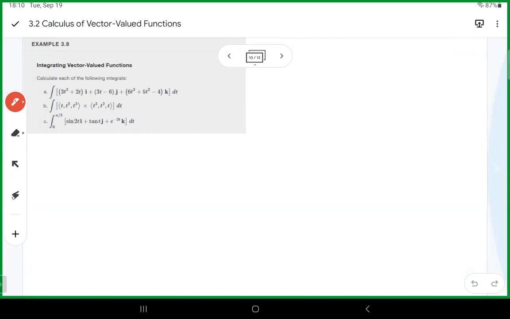All right. So part A, first thing we're gonna do is use the first part of the definition of the integral of a space curve.